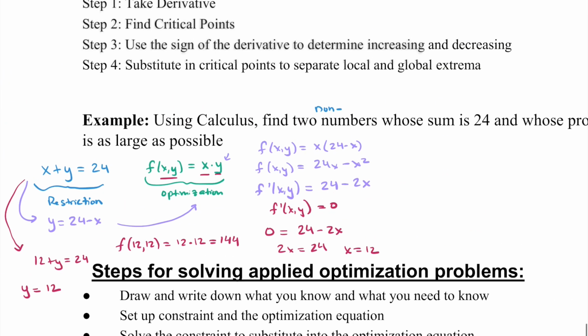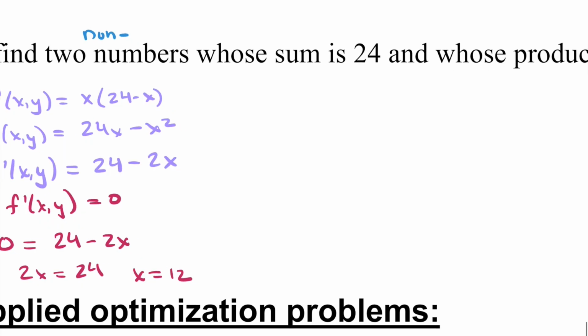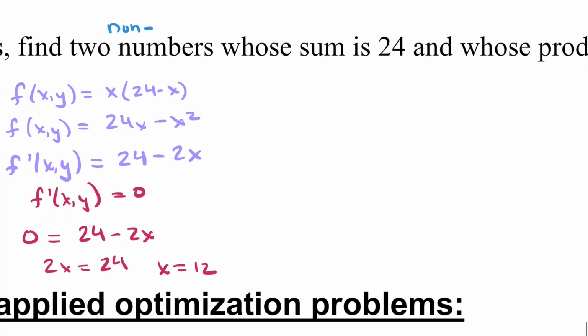Now, how do I know it's a max? Well, I should have done these steps prior. I'm going to take my derivative, so this step should really come before the others, and we are going to test that derivative. Here, I'll just jump right over to the first derivative test. So I'm going to take my number line. The number 12 is a possible critical point. We test a number anywhere before it.